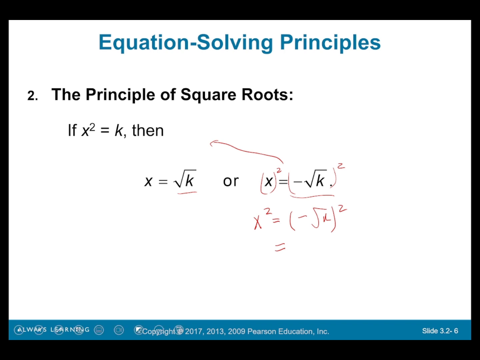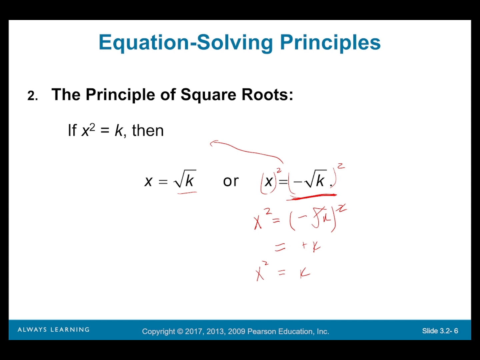When I square that, my negative becomes positive, and my square root on the k cancels with the square. So I just get a positive k. We don't really need these parentheses. So now I have x squared equals k, which means the negative case here could have also been an option for x.